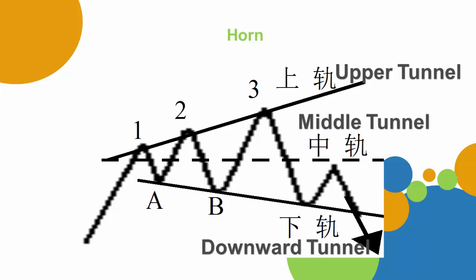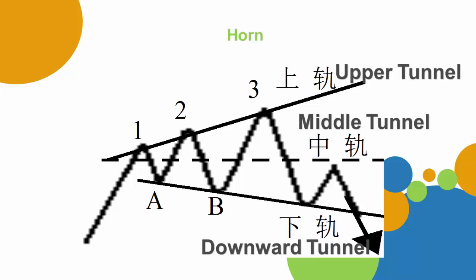The first pattern is called horn. Okay. So what's the pattern? We can see high point is higher, then low point is lower, like a horn. Okay, so this is the upper tunnel. This is the middle tunnel. This is the downward tunnel.